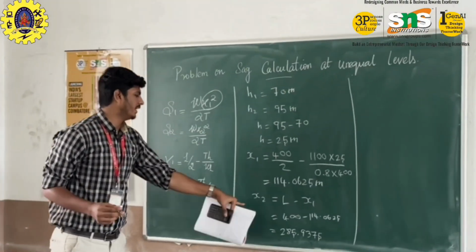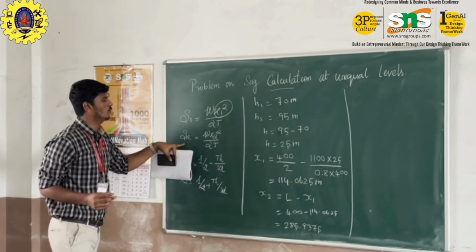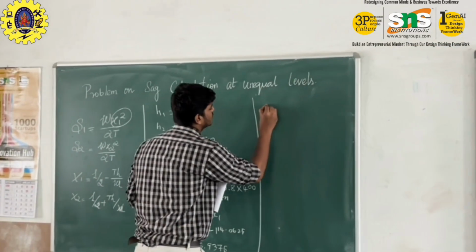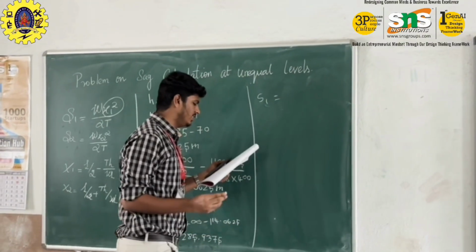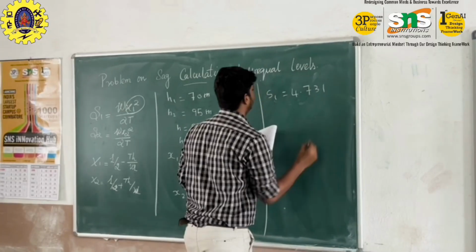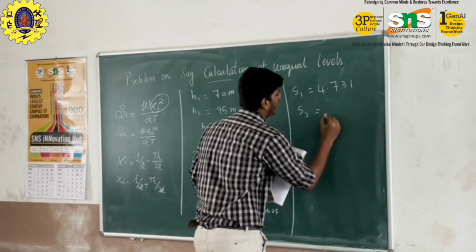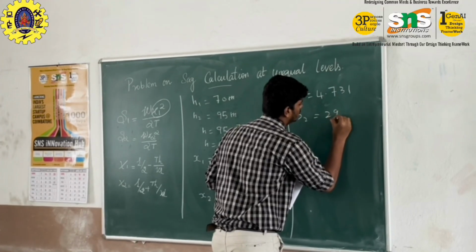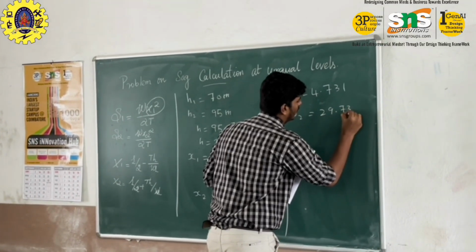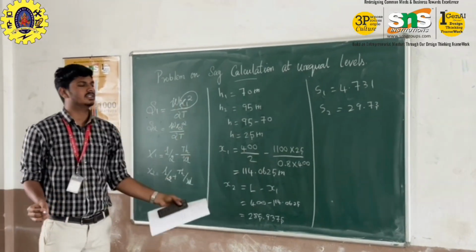Substitute the x1 and x2 values, x1 in S1 and x2 in S2. We got S1 as 4.731 and the SAG 2 value is 39.73. After substituting the x1 and x2 values, we got the S1 and S2 values.